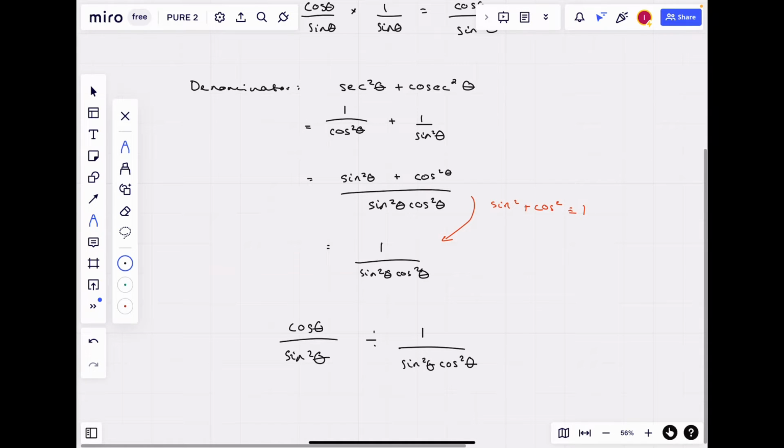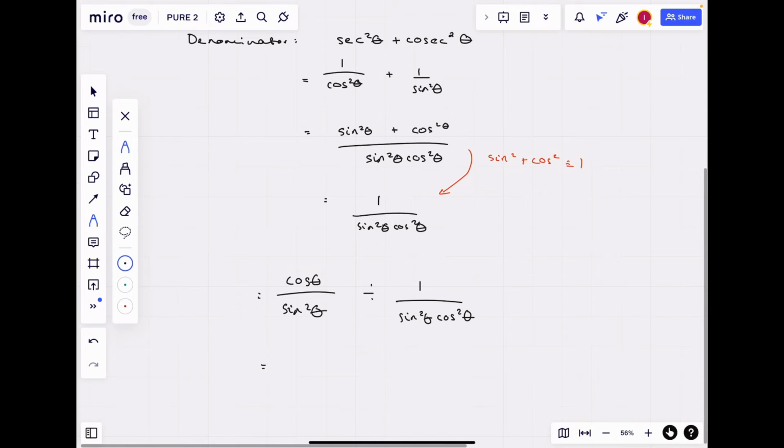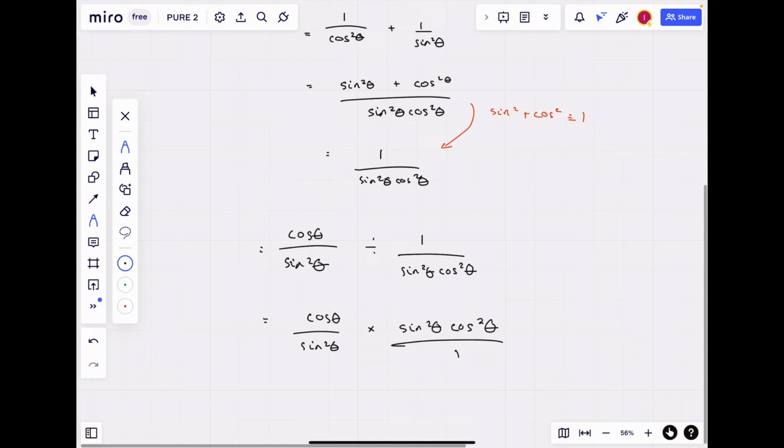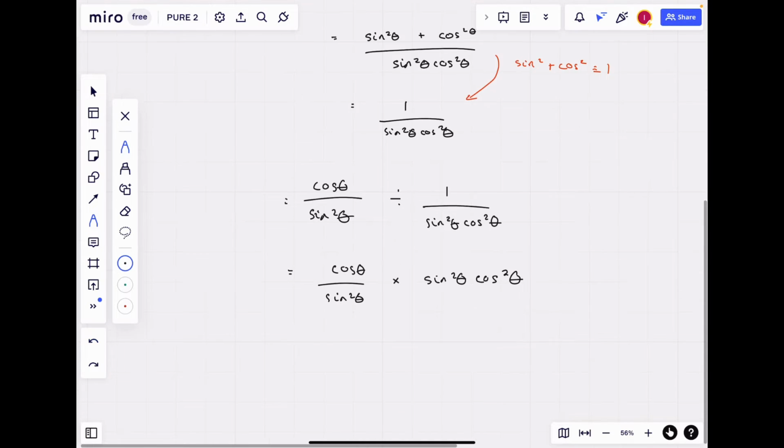What do you do from here? From here, you can flip the fraction on the right hand side and make it a times. Since this is over 1, I can ignore the over 1 because it's just going to be the same. And now, simplify.